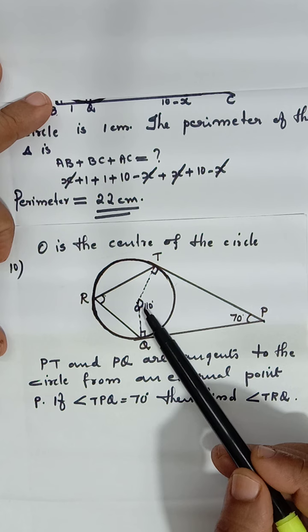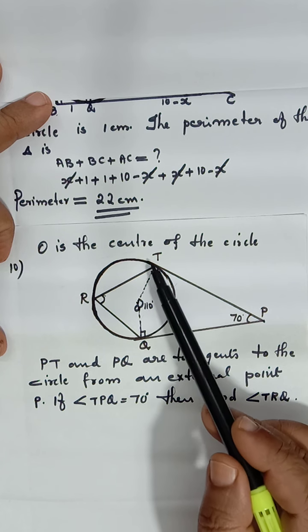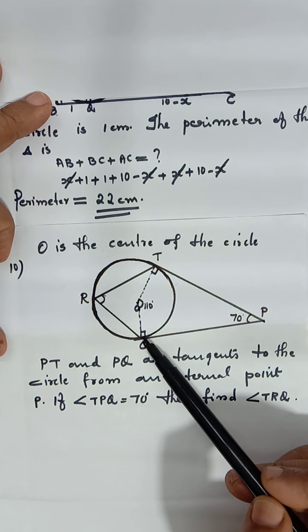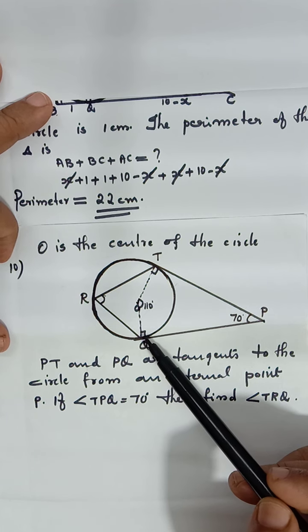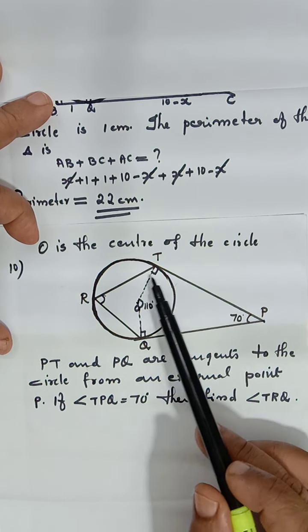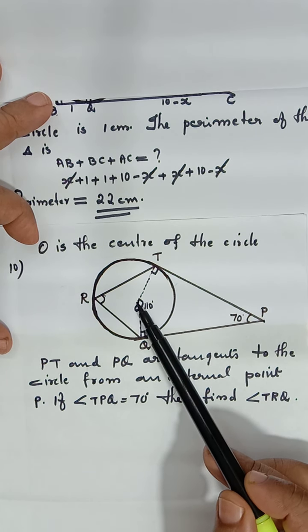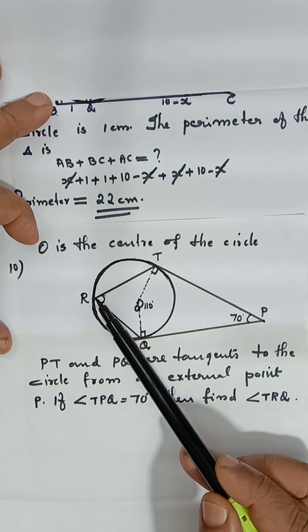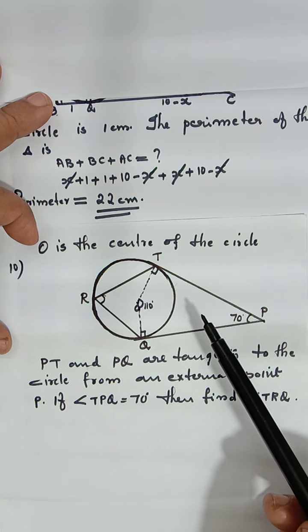When we consider this central angle, we have angle TRQ on the remaining part of the circle. In 9th standard, you have studied a theorem: the angle subtended by an arc at the center is double the angle subtended by the same arc in the remaining part of the circle.